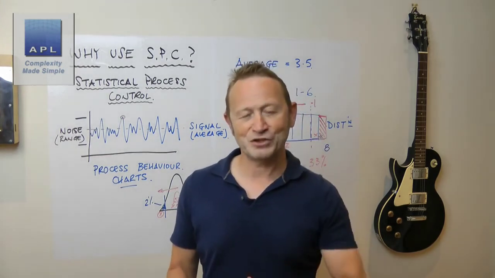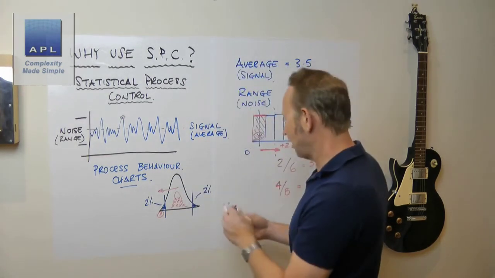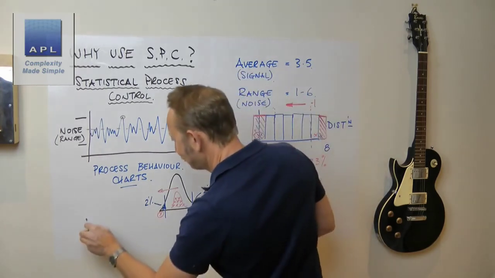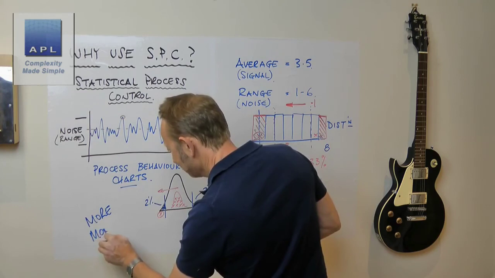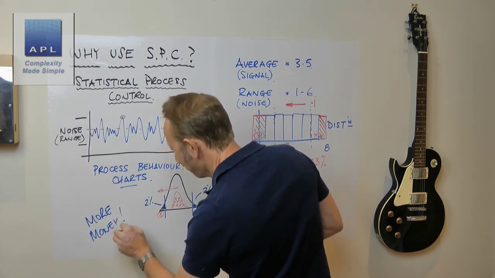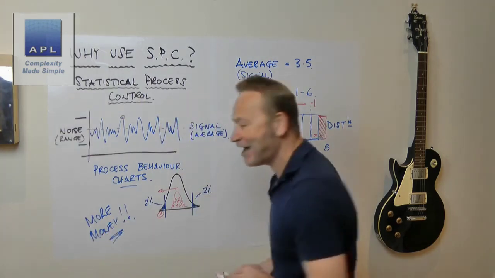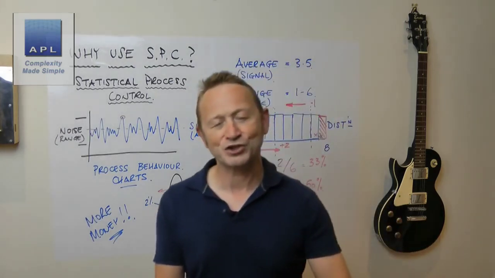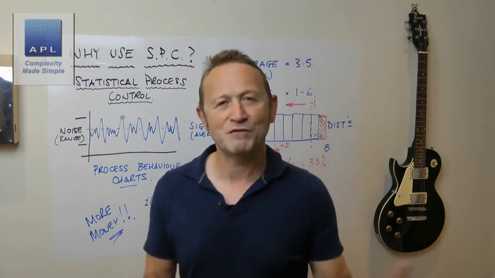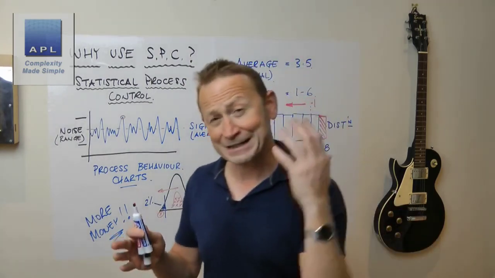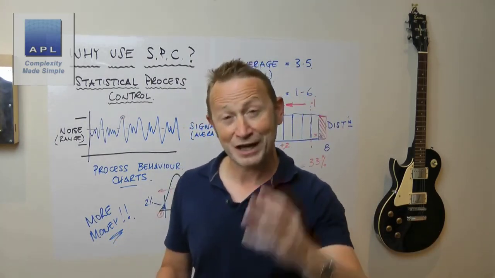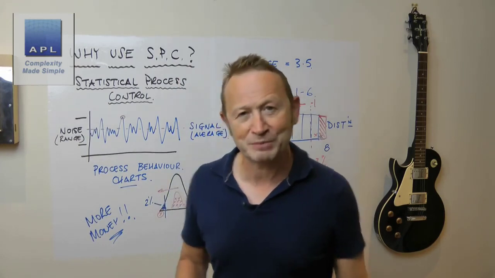So SPC, what's it for? Well, like all of these things, I want you to make more money. I want you to smash the hell out of your competition. Take the equipment that you've paid thousands and thousands of pounds for and get the most out of it and smash your competition to pieces.